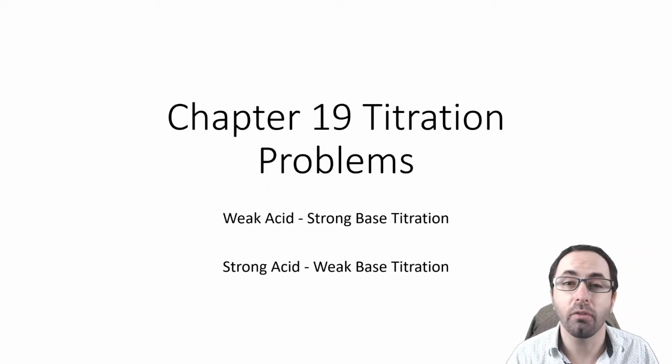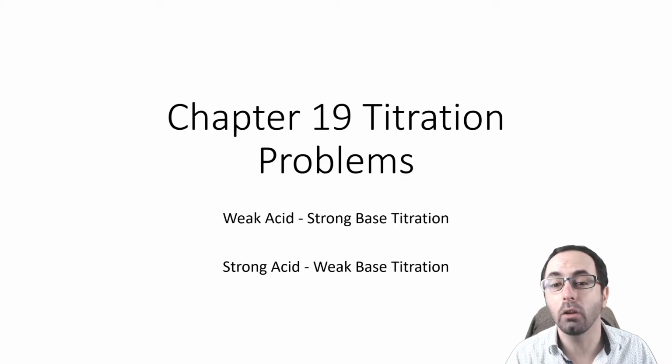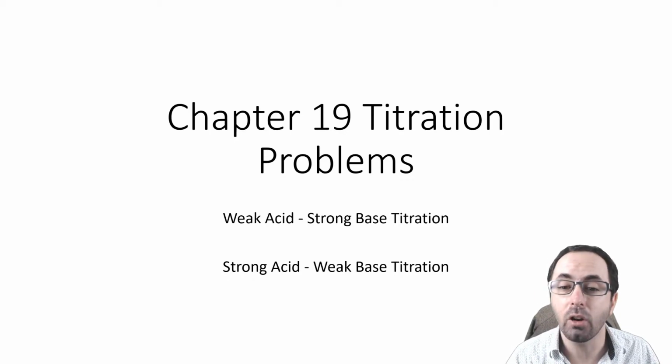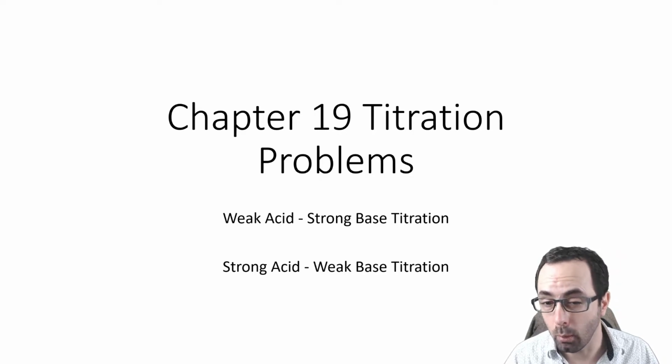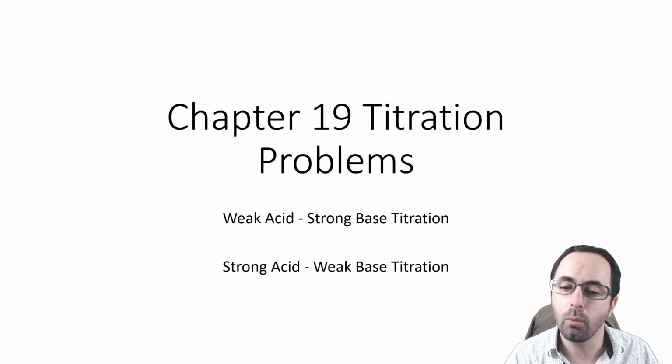So the first step is to identify where you are in the titration, and generally that involves identifying where the equivalence point would be. For this first problem, I'm going to walk you through that part first, and then we will go into the approach for doing the stoichiometry step, then the equilibrium step.